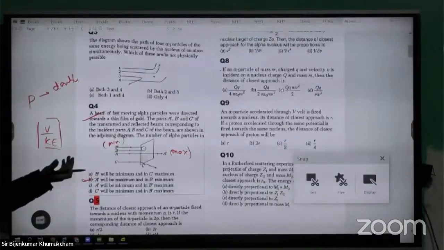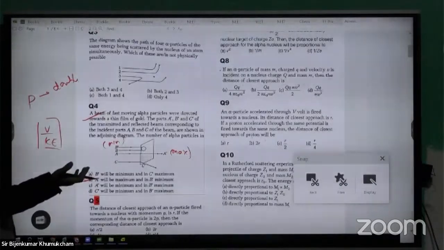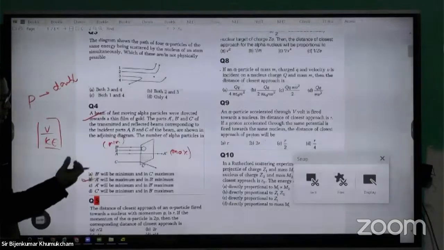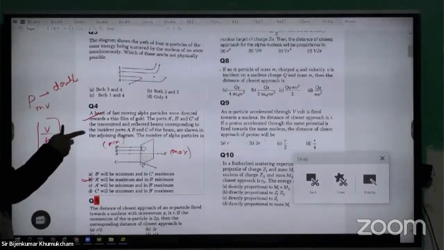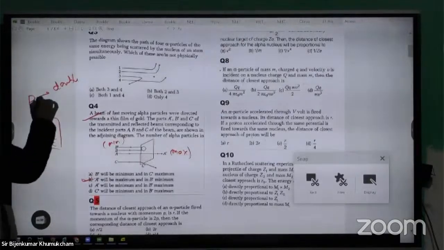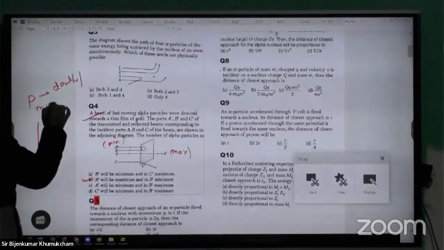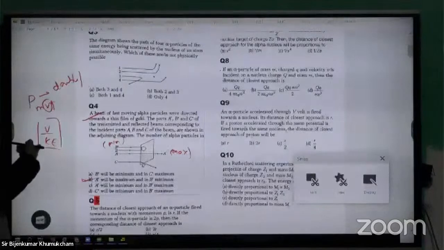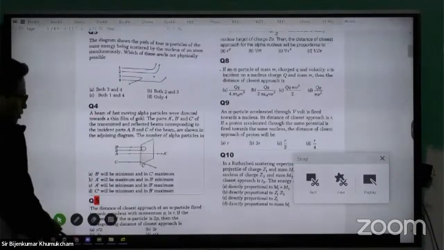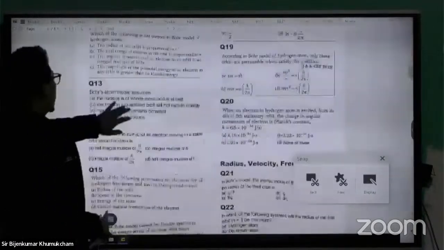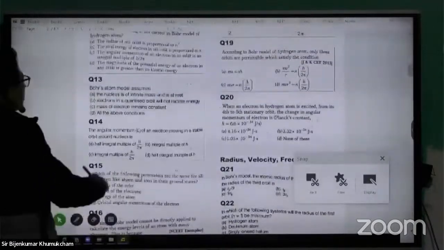What is momentum? Momentum is mass times velocity. If momentum becomes double, the velocity also becomes double, so choose the matching option.